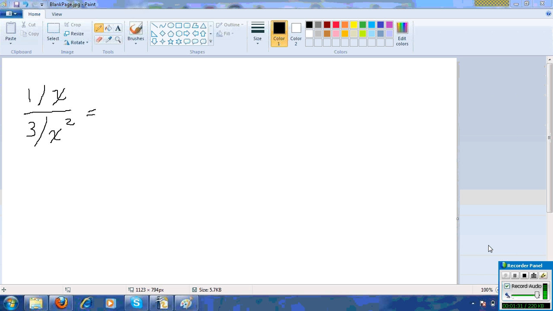And the way you can do that is make use of the fact that instead of having a fraction divided by another fraction, we can rewrite it as a multiplication problem that's easier to understand. And let me show you what I mean. I could rewrite this.